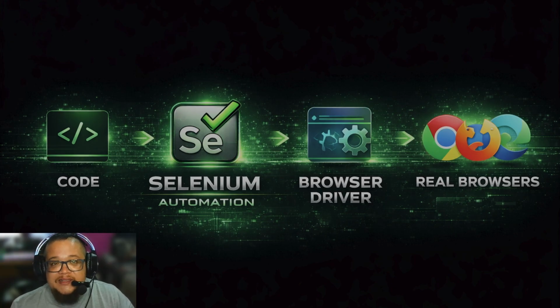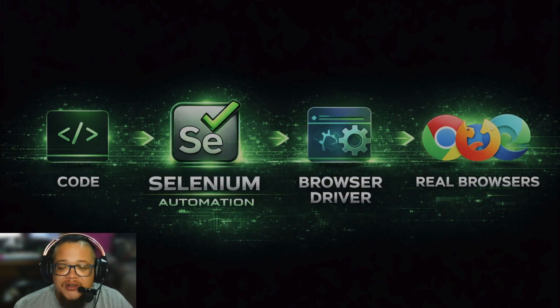You see, Selenium doesn't understand business logic at all. It doesn't know what a login is. And even more so, it does not know what success means. All of that, that's your responsibility. It's your job to understand the logic.